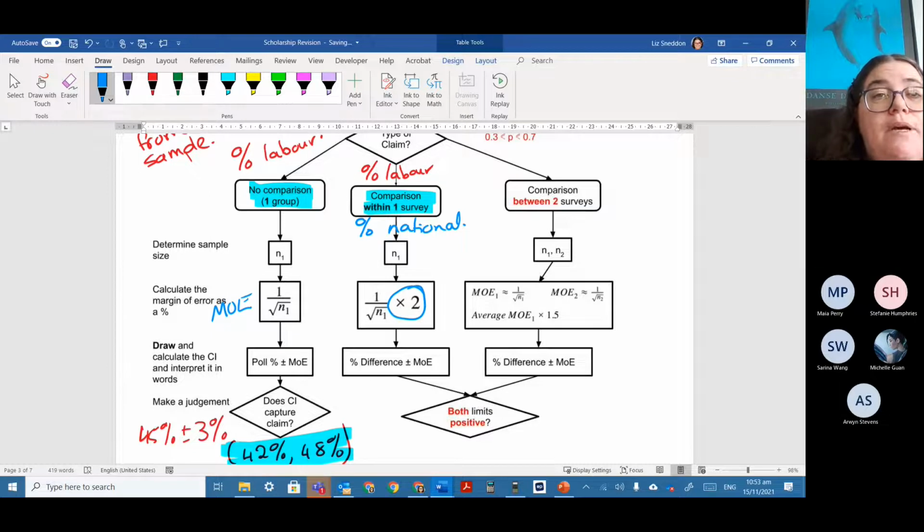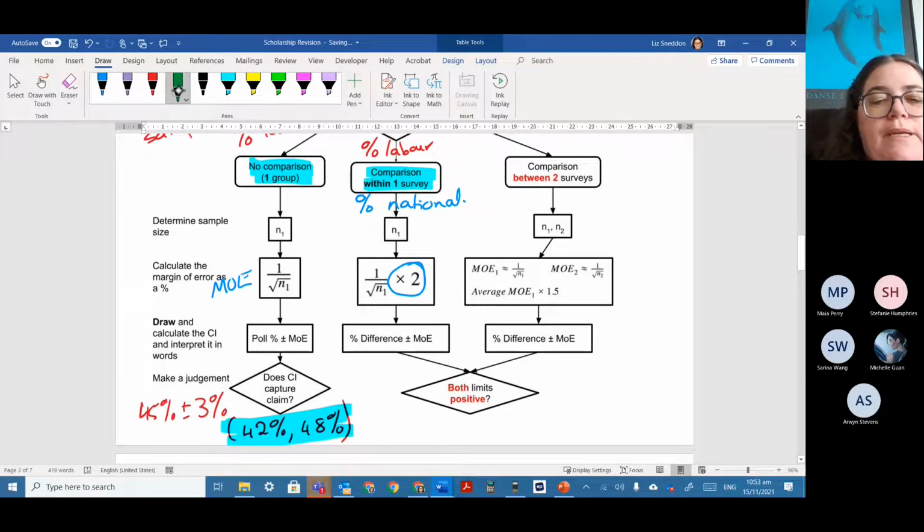I've got one sample size, but now because I'm doing a comparison, the margin of error doubles. And when I come to calculate my difference, there might have been a difference, say, of 5%, that Labor was 5% higher than National, plus or minus, let's say, 6%. And that would give me a confidence interval of -1% up to 11%.